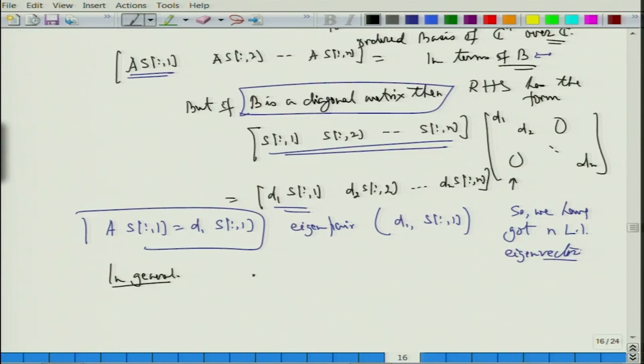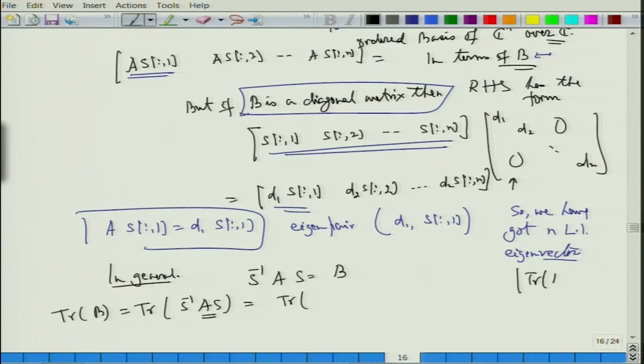we are saying that S inverse AS is B. So, let us look at the trace. What is trace of S inverse AS? Which is same as trace of B, all right. So, this is same as trace of, I can interchange. So, what we know is that trace of AB is same as trace of BA, fine, that we had seen earlier.